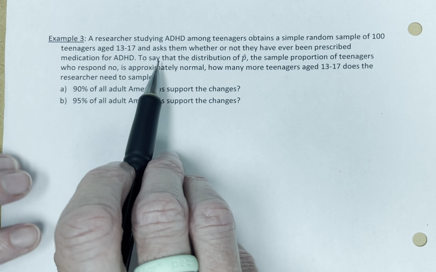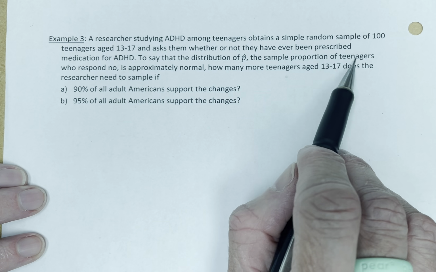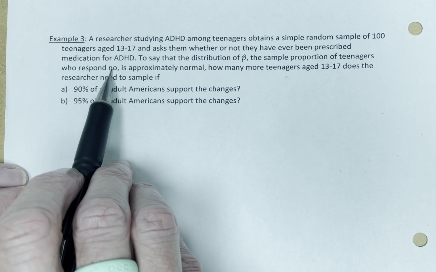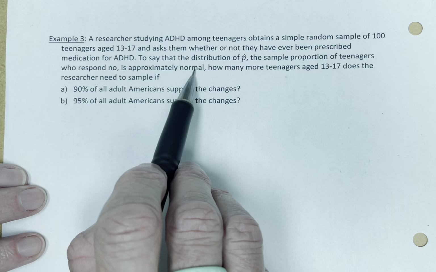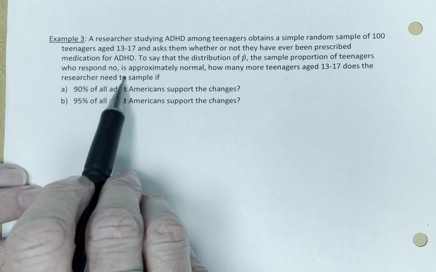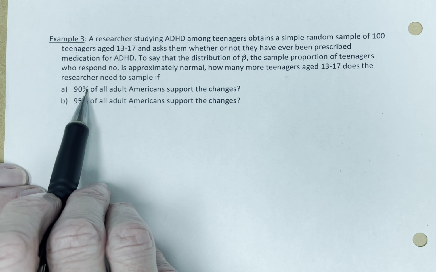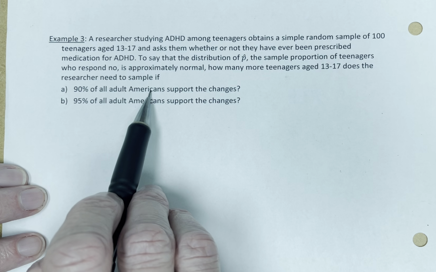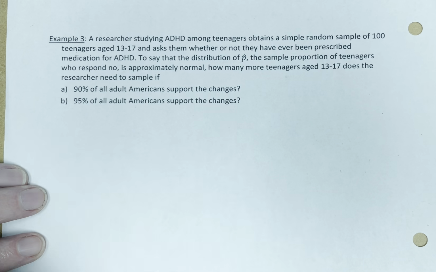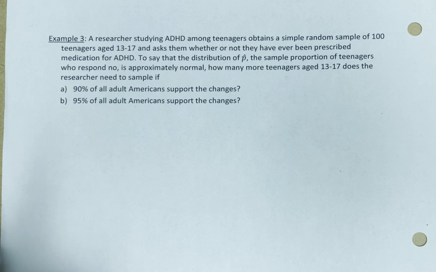To say that the distribution of p hat, which is the sample proportion of teenagers who respond no, is approximately normal, how many more teenagers does the researcher need to sample if they want 90% of all adult Americans to support the changes? Okay, and letter B, 95% of all Americans to support the changes.